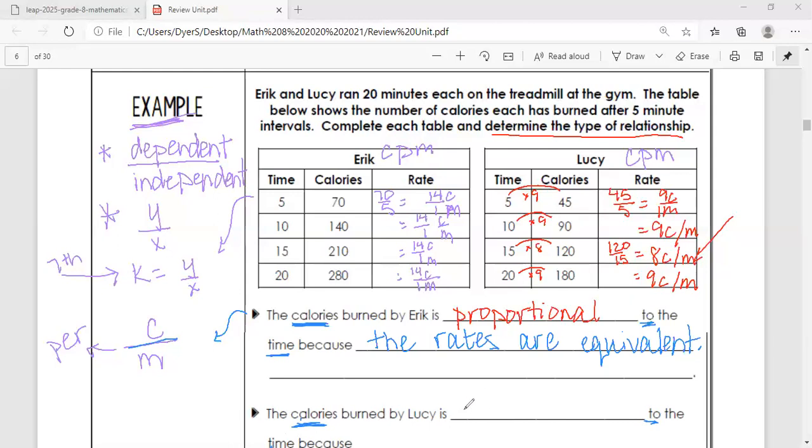Let's just say R. Okay, anyway, non-proportional to the time because the rates are not equivalent. Rates are, I'm going to put not equal.